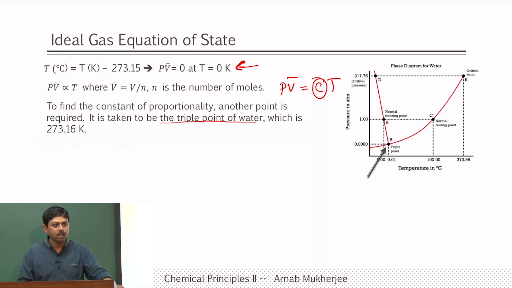I will just briefly mention that the triple point of water is a very specific, extremely specific state of a system where solid, liquid and vapor, all three phases of water coexist, and that point happens to be 0.01 degree centigrade, 0.006 atmospheric pressure.